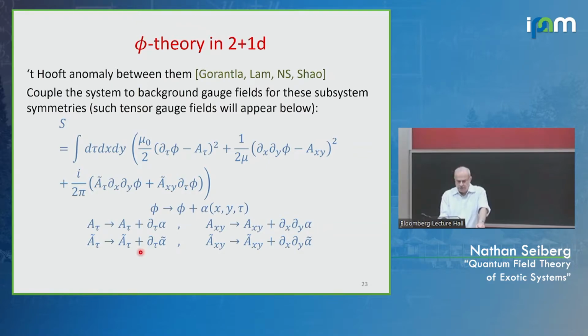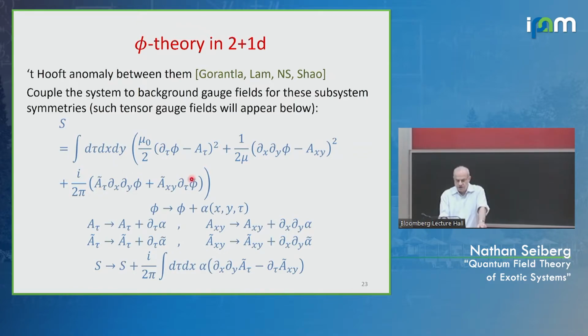What about A tilde? A tilde was the gauge field for the winding symmetry, and it has similar gauge transformations with a gauge parameter alpha tilde, which also depends on x, y, and tau. And again, I couple the current to the gauge field. However, when we try to check gauge invariance, this term is invariant, this term is invariant.